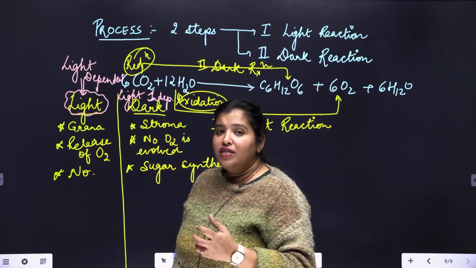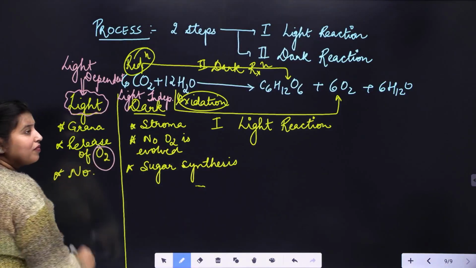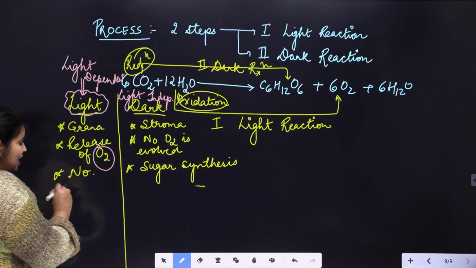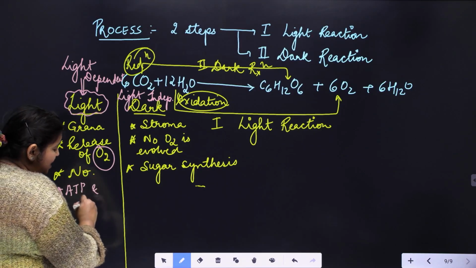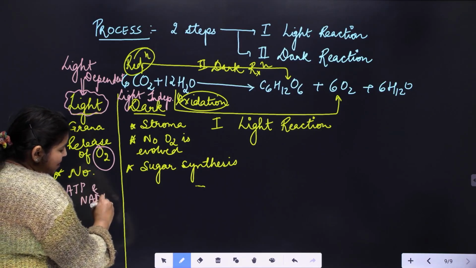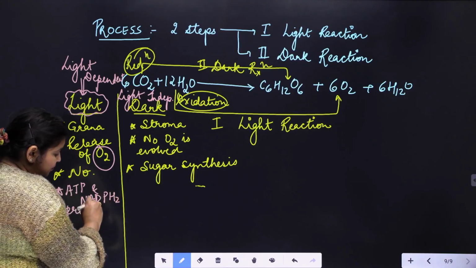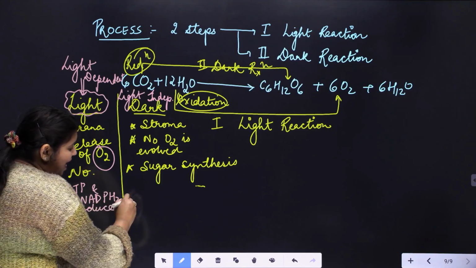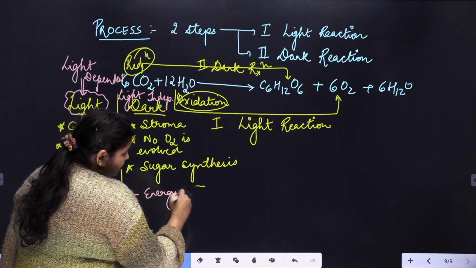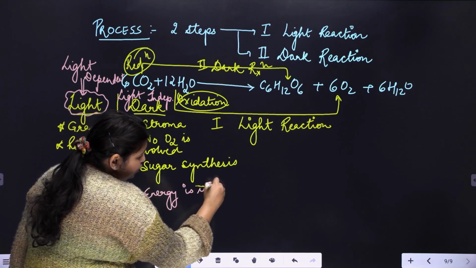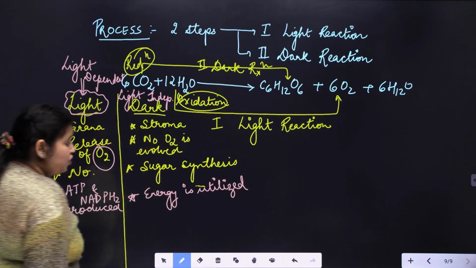All right. Now, what is it? Light reaction is giving out oxygen. Along with that, light reaction produces energy in the form of ATP and NADPH2, which is produced here. And this energy is utilized here.